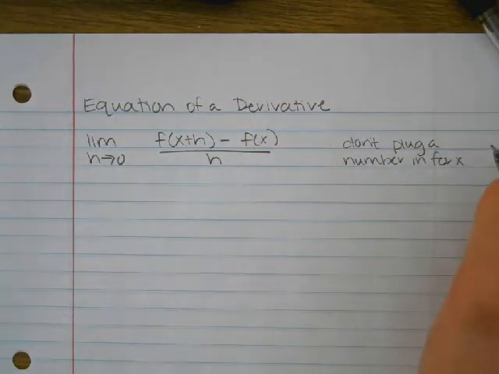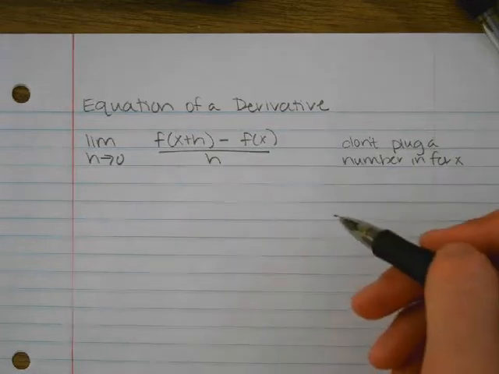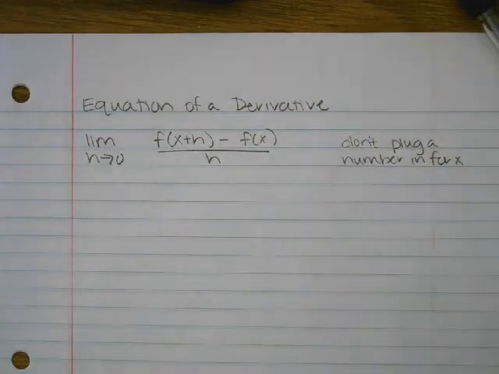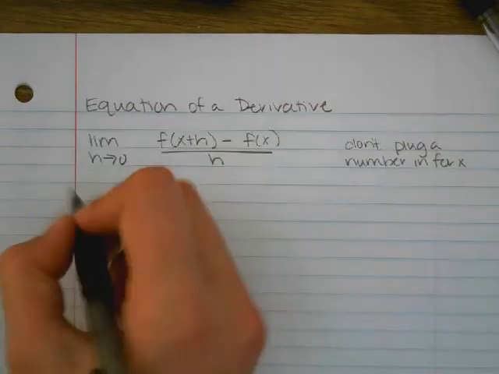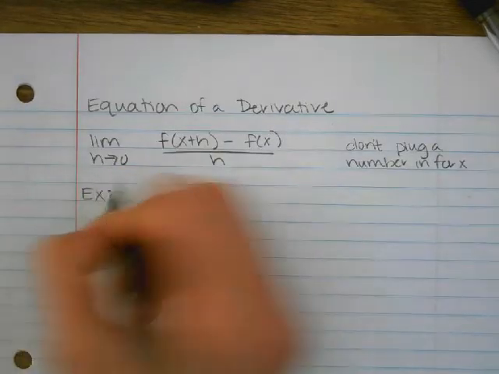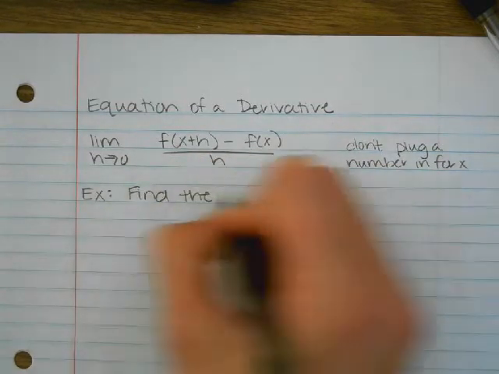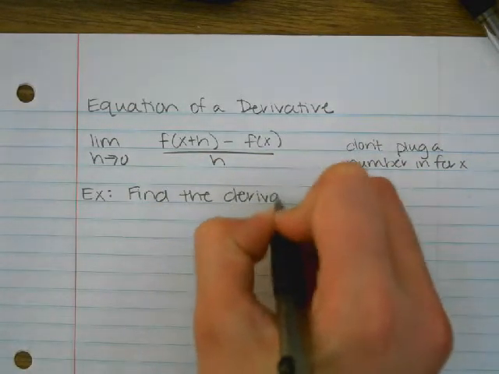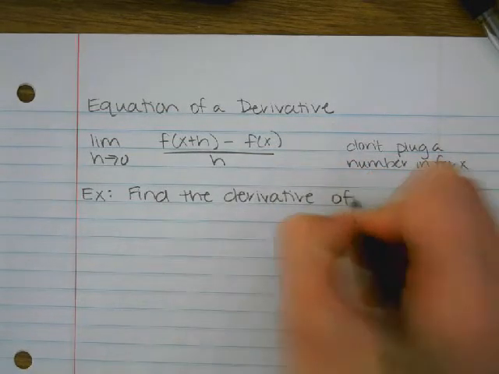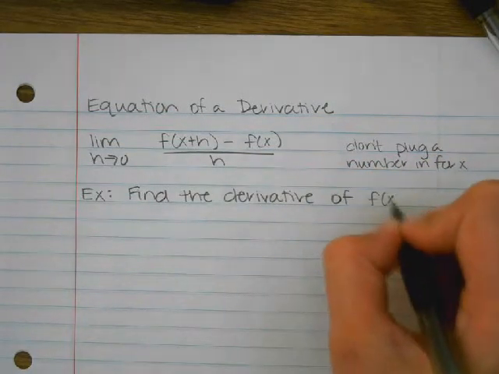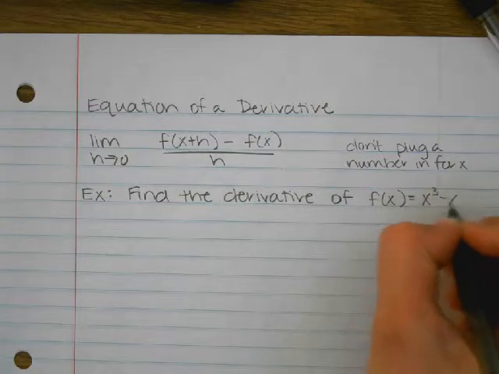Okay, so once you have found the equation of the derivative, then if you want to find the individual slope at those specific points, you could. So for example, let's say we want to find the derivative of f of x equals x to the third minus x.